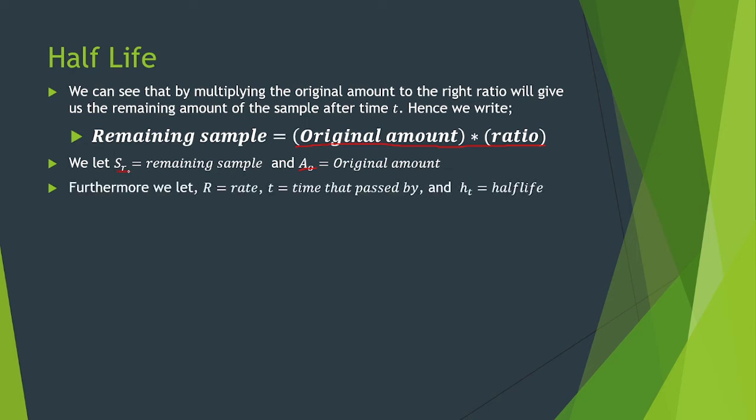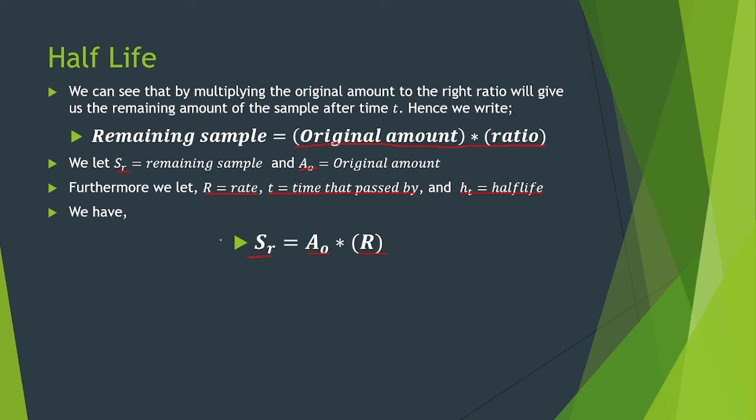Furthermore, we let r be the rate at which the decay process is happening, t the time that has passed by, and h sub t the half-life. So this is our formula.